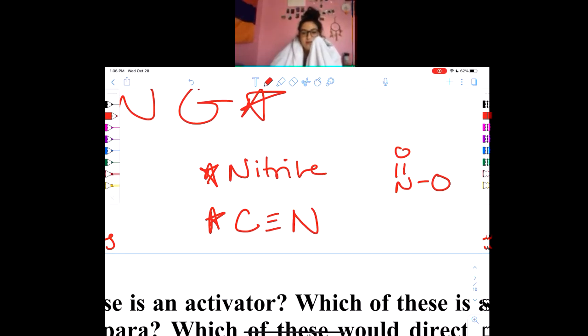And when they think about it logically, they say, oh, well, it's a triple bond, right? So that would mean it has those extra electrons and it can donate them, right? Actually, that's not how it works, because the electrons would go towards the nitrogen and it would pull the electrons away from the group. Make sense-ish so far? I think this is a pretty comprehensive general list to start out with.